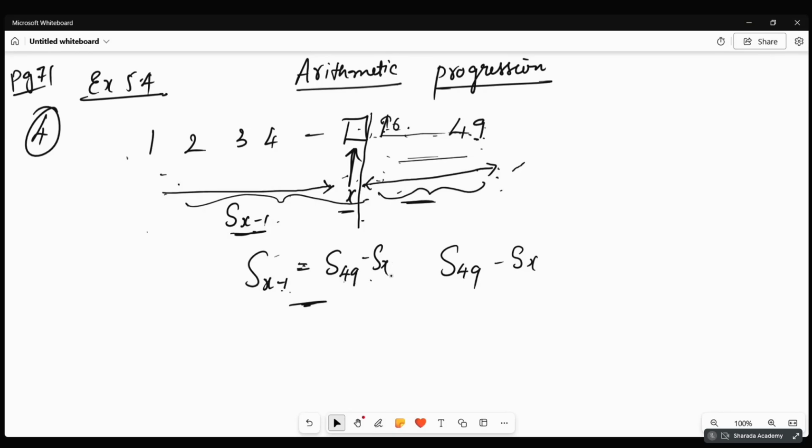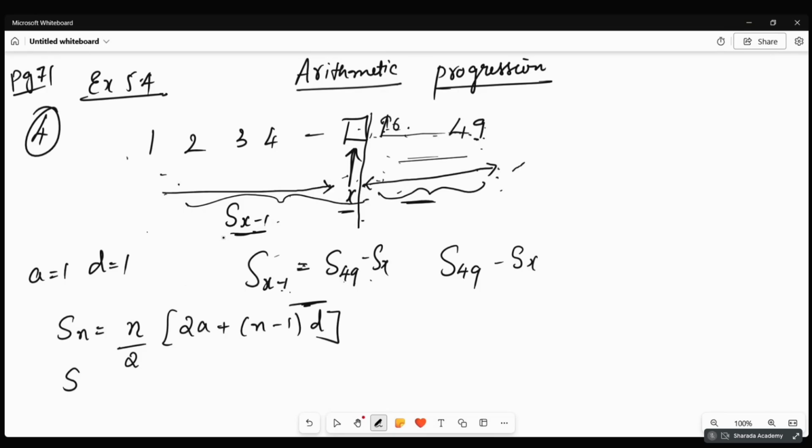Now I will put the values and we will try to calculate and simplify. What is S(x-1)? We have Sn equal to n by 2 into 2a plus (n minus 1) into d. In this AP, a is equal to 1, d is equal to 1. So S(x-1), instead of n, I write x minus 1.